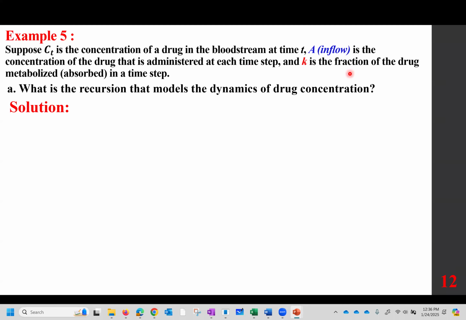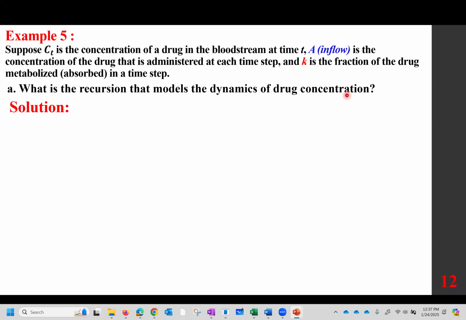And k is the fraction of the drug metabolized or absorbed in a time step, meaning when you give medication to a patient, by the time the patient receives the next one, a portion of it is gone, is absorbed by the body. That's the nature. What is the recursion that models the dynamics of drug concentration?